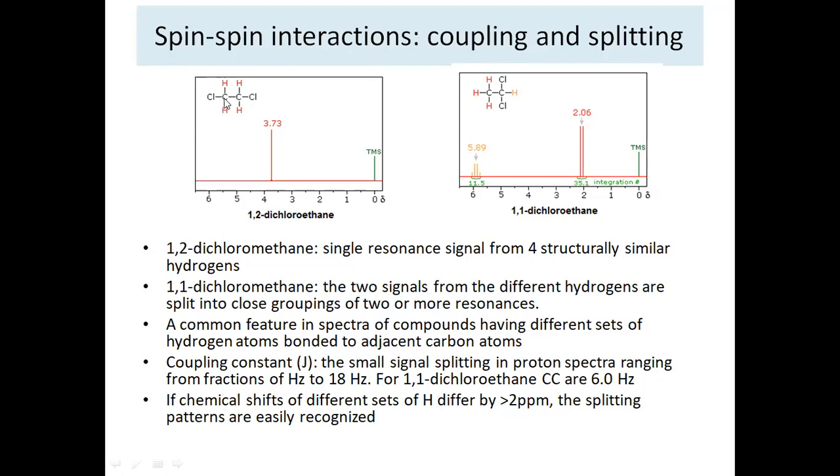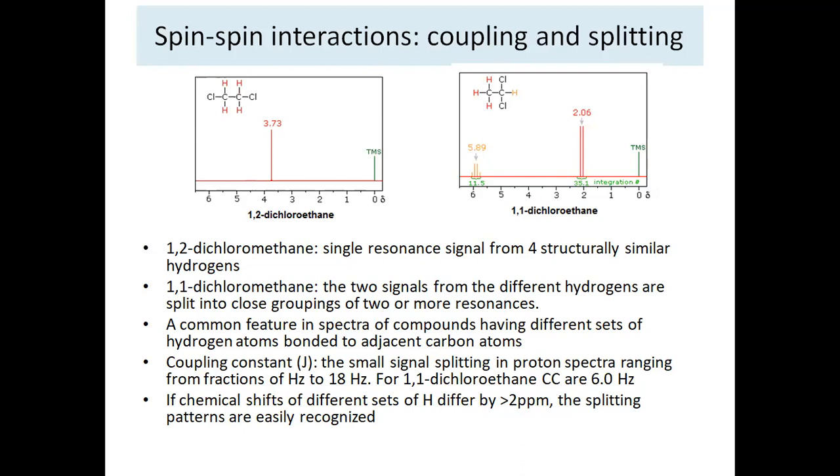Can you see that in the molecular formula here? Whereas in the second structure, the two chlorine atoms are on a single carbon. So the first structure is 1,2-dichloroethane, and the second one is 1,1-dichloroethane. These are two different compounds.